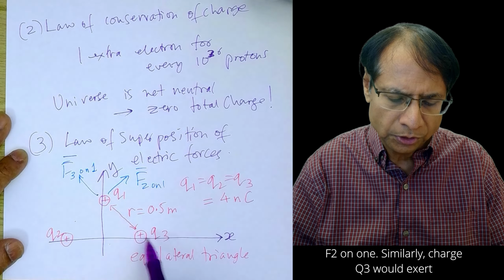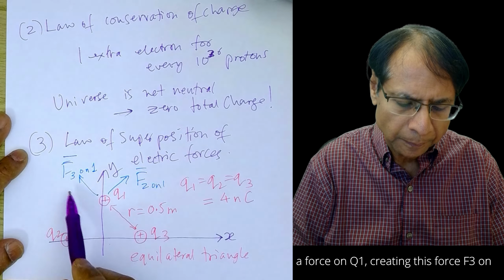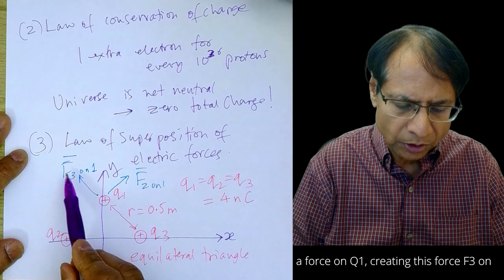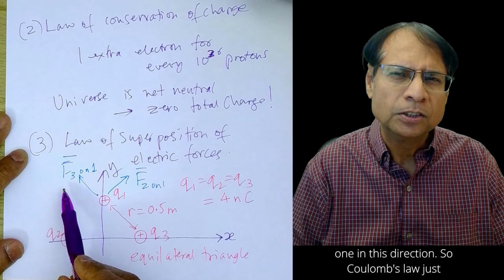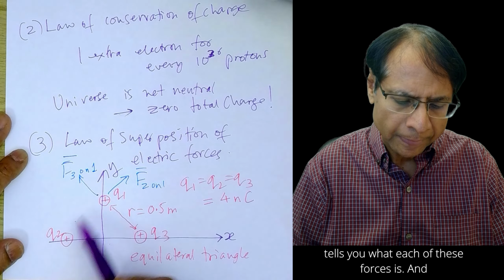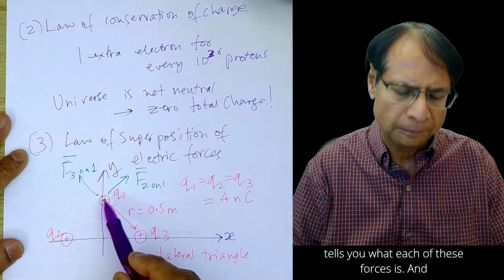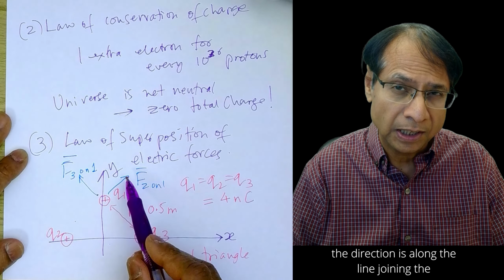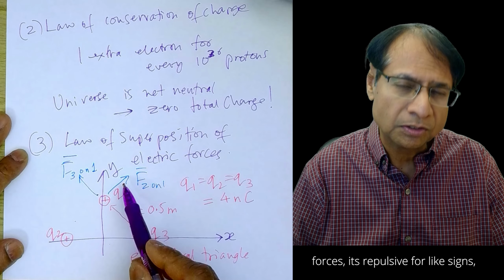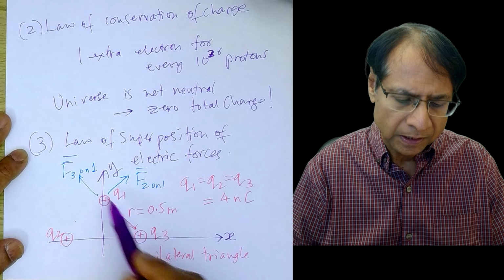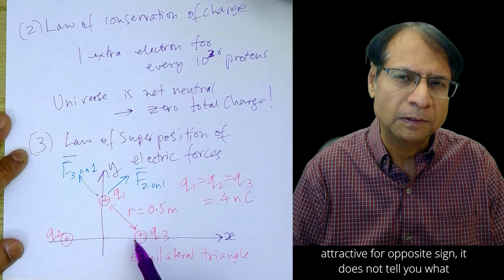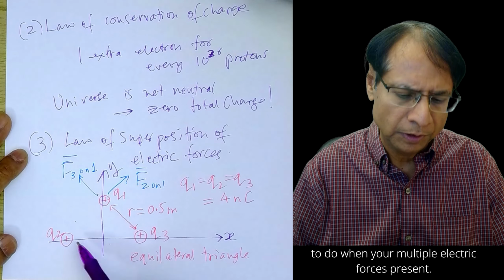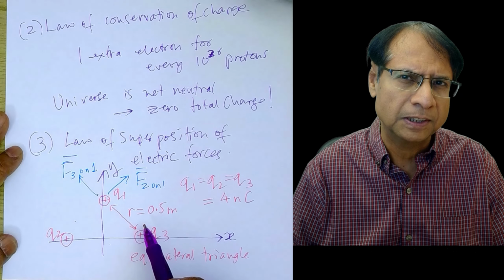Similarly, charge Q3 would exert a force on Q1, creating this force F3 on 1 in this direction. So Coulomb's law just tells you what each of these forces is, and the direction is along the line joining the charges. It's repulsive for like signs, attractive for opposite signs. It does not tell you what to do when you have multiple electric forces present.